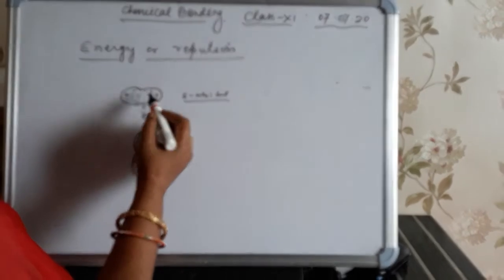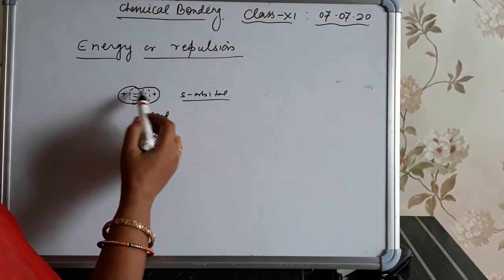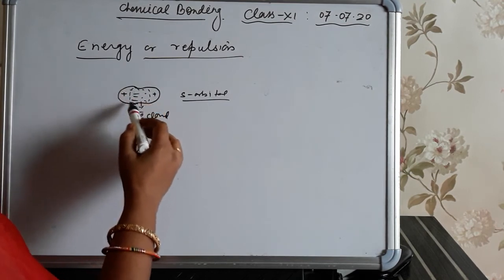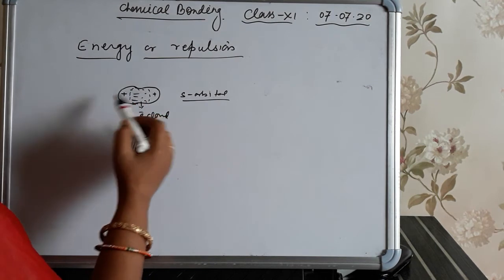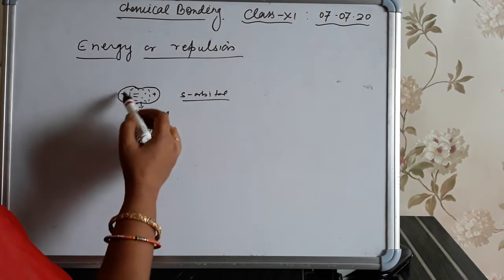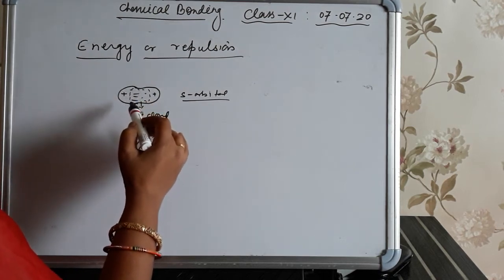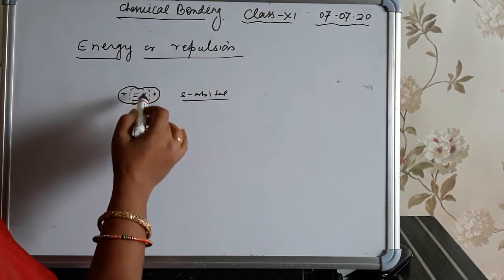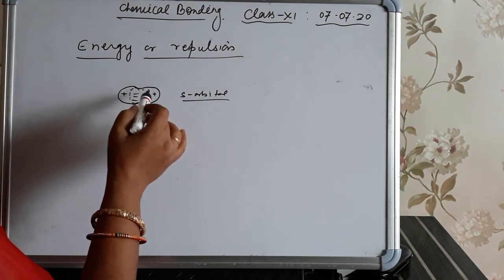But in the case of s orbital, between the two nuclei there is a lot of electron cloud present. In that condition, the nuclei do not face each other. They are shielded by electron clouds. So no repulsion takes place. In that condition, the stability of s orbital is more because it has less energy.